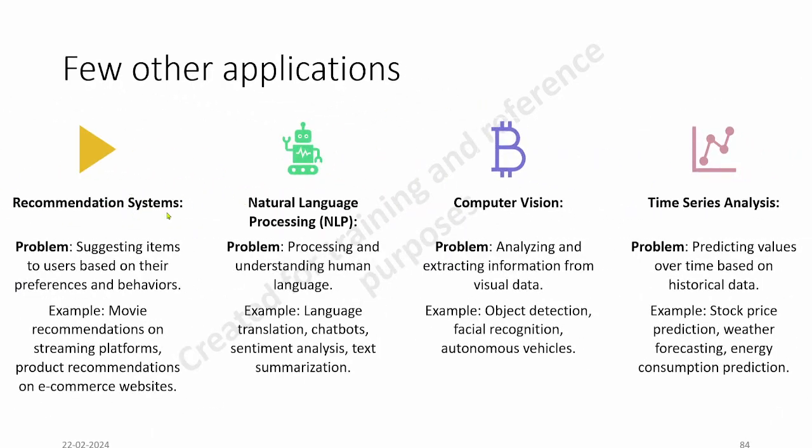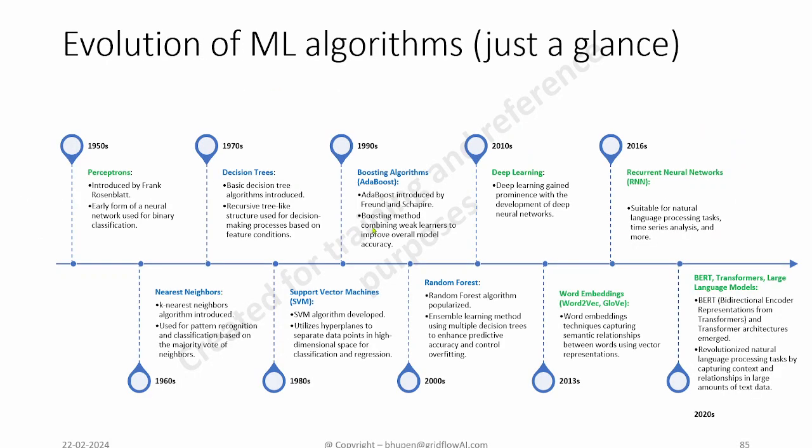A few other applications are recommendation systems and natural language processing, where we use these supervised and unsupervised algorithms. Now, the key thing is to understand the classical machine learning that we talked about and some of the deep learning.